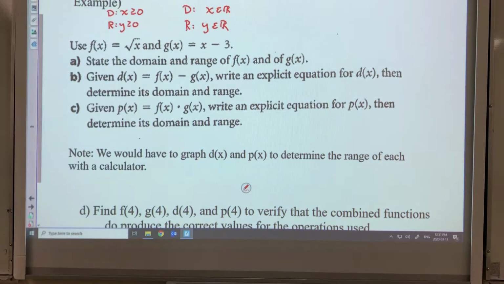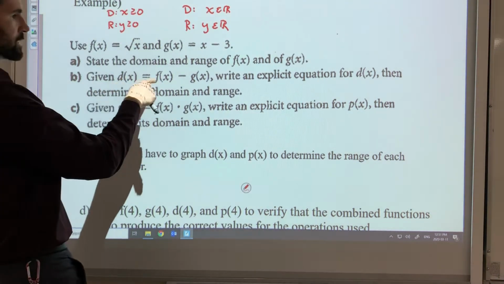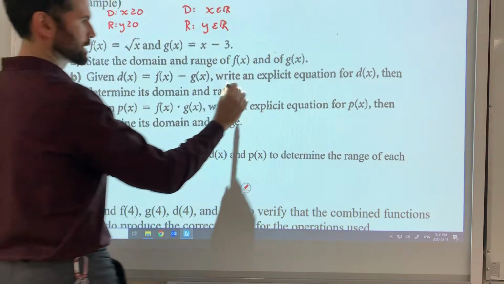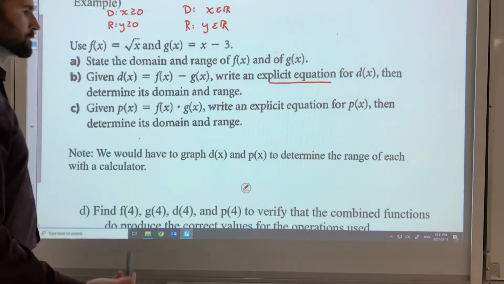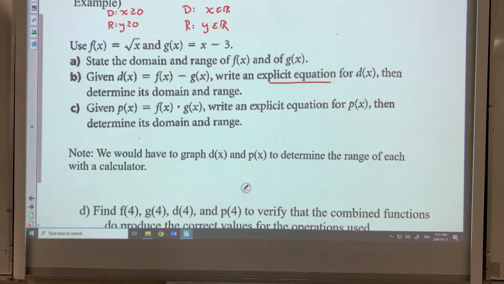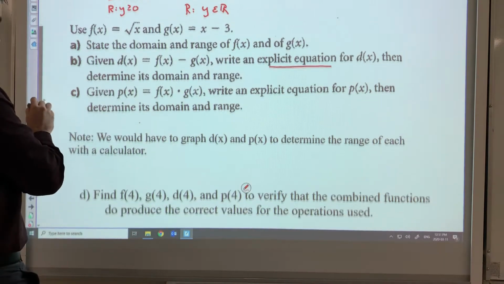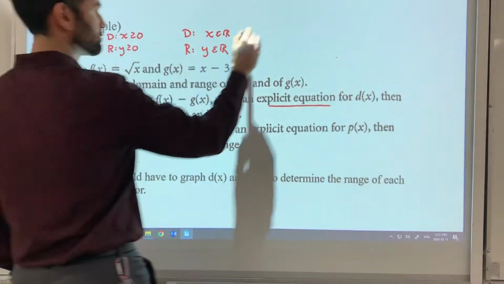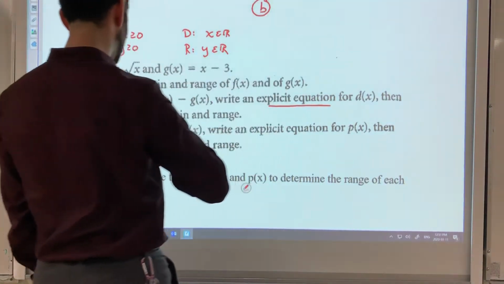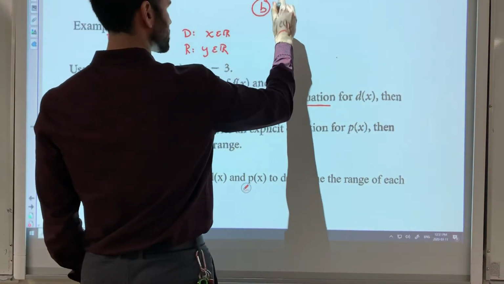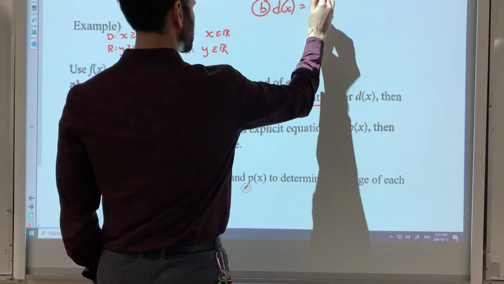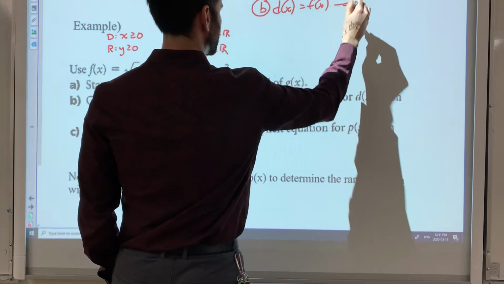So that's A. It says, given d of x is f of x minus g of x, write an explicit equation. So they're asking us to find the combined function. I'm going to do B over here. We're calling it d of x, so d of x is equal to f of x minus g of x.